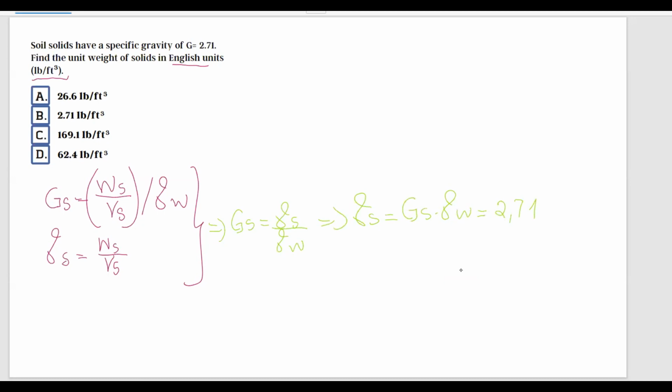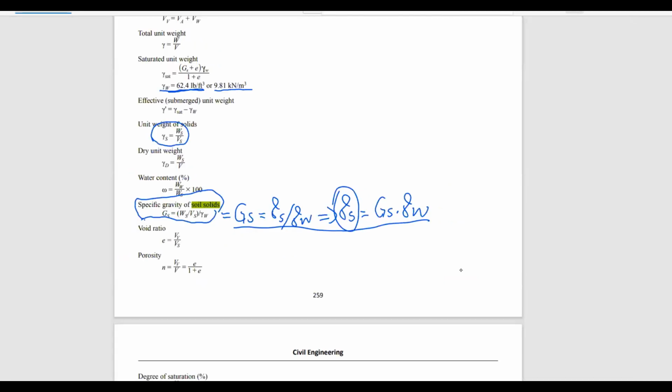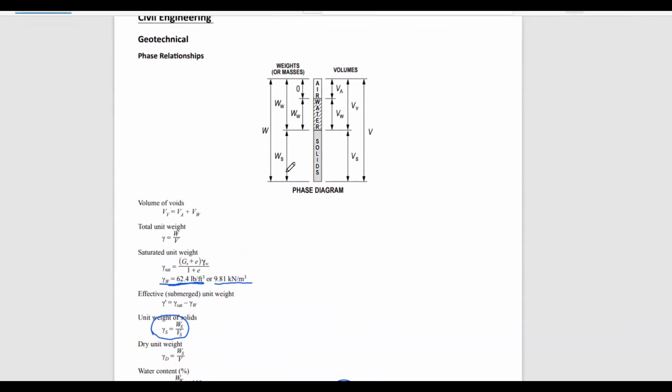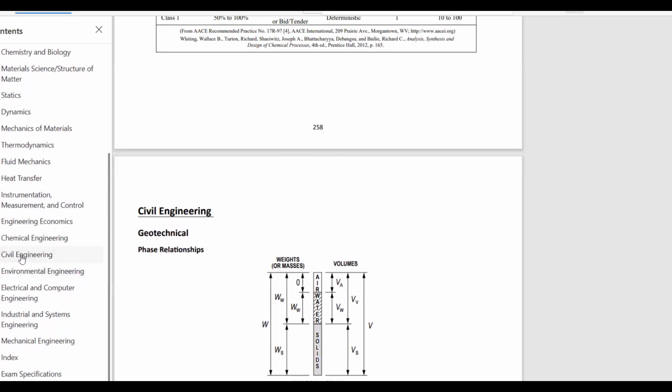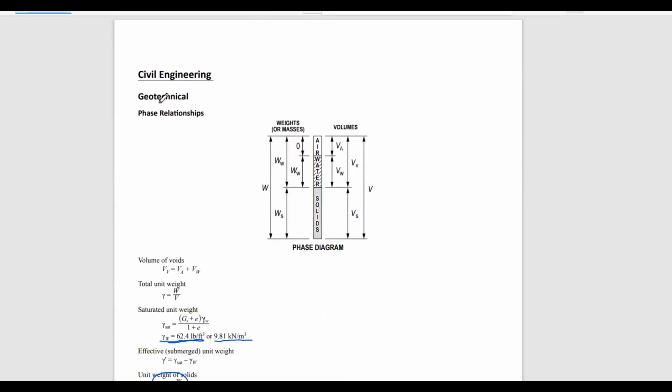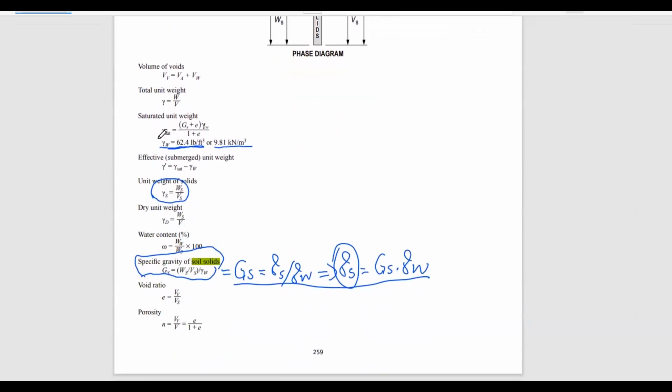The only change in this equation is the gamma water, which it's got to be in English units. And here, in the geotechnical engineering, under the civil engineering, if you go to your civil engineering section, this is the first page that comes up. And on this page, you have gamma water in English units and in metric units. So in English units is 62.4 pounds over cubic feet. So this is the value we're going to use here.